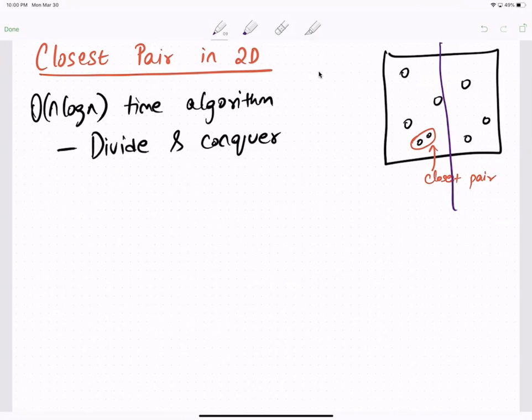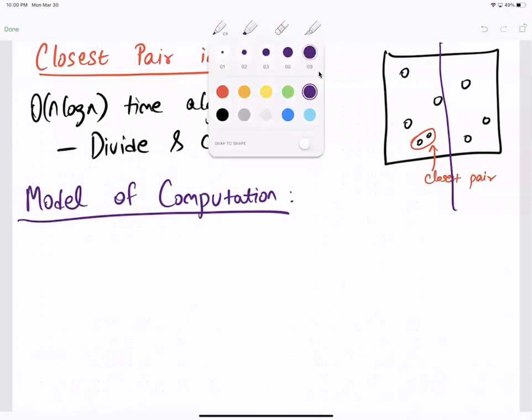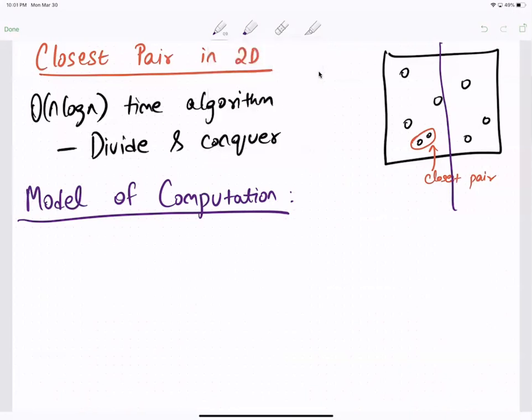But one thing I should point out is that when we are designing these algorithms, it's very important to specify the model of computation. What do I mean by that? We want to know what are the operations that can be performed by the computer. This n log n time algorithm works in what's called the comparison model.